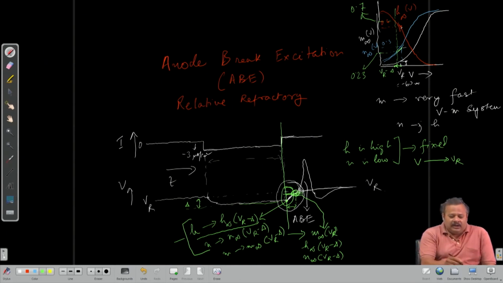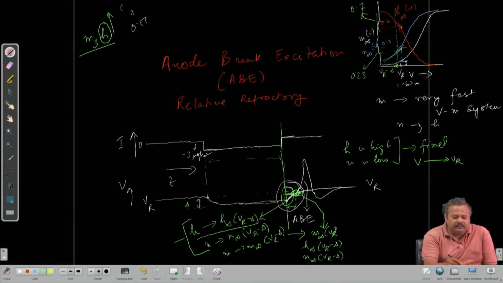So, sodium conductance is proportional to m cube H, of which this H has increased, from 0.59 to 0.7. That means that more sodium channels are open at this point, which means that there will be sodium influx trying to make the membrane potential go towards E sodium, as we know.